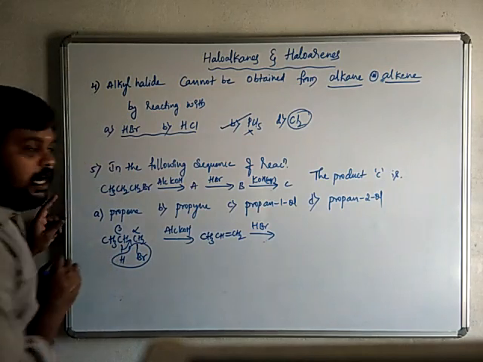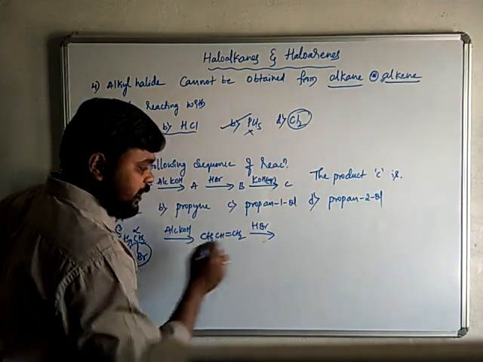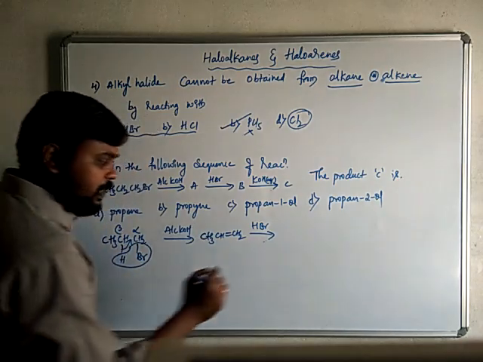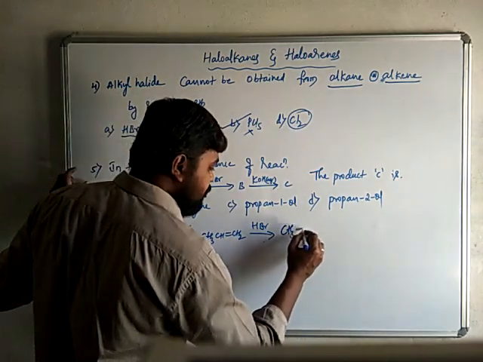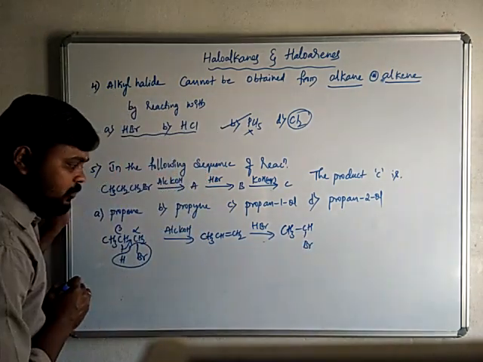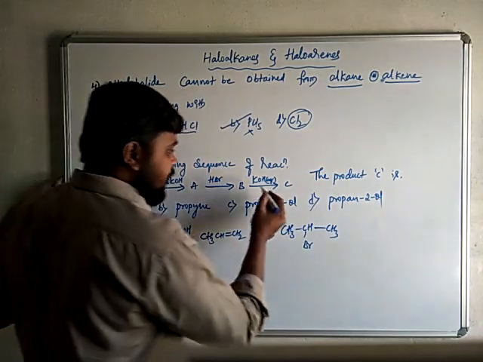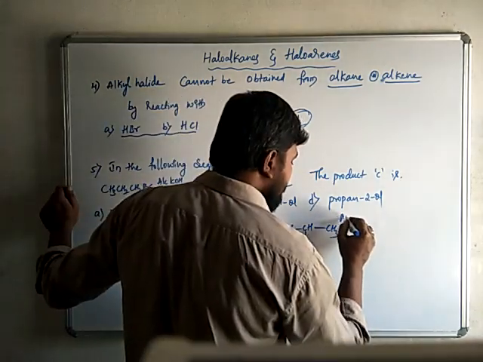So it follows Markovnikov rule. During the addition of HX to an unsymmetrical alkene, the negative part of the reagent is added to the carbon containing less number of hydrogens. It becomes CH3CH, the negative group will be added here, so it becomes CH3CHBrCH3, followed by reacting with aqueous KOH.